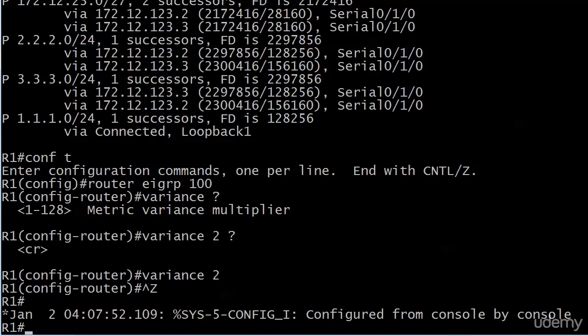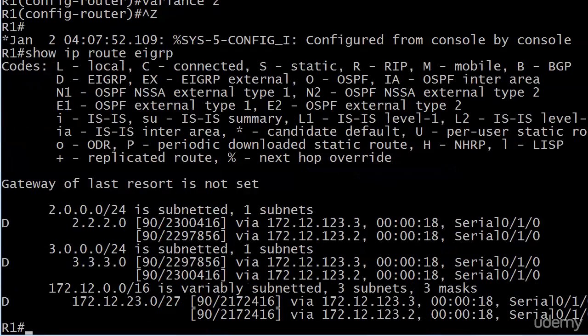So what's going on here? We didn't get any messages as far as resyncing any adjacencies, anything like that at all. Let's go ahead and check our tables. And look at this. Now, in the past, you had to clear your routing table to make variance take effect. I've seen that with a couple of different IOS versions. So if you run into that in the real world, you might have to clear your routing table, because using this command is not really considered a change to the network.